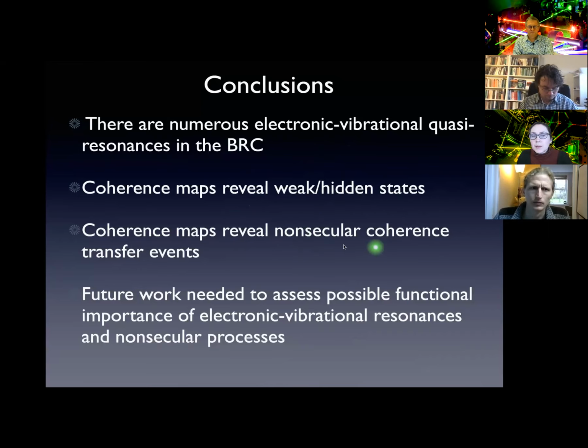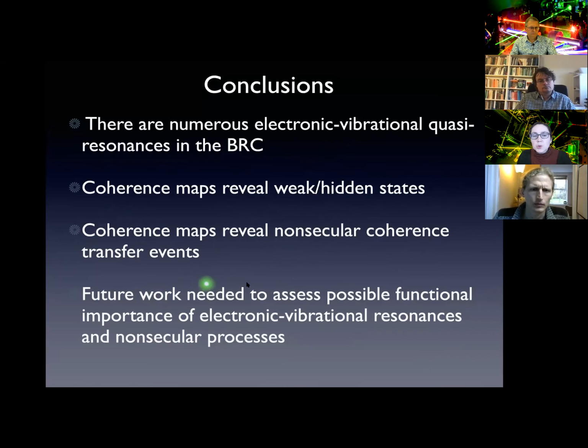And these coherence maps reveal non-secular coherence transfer processes. So those types 2, 3, and 4 correspond to non-secular processes that are typically ignored in modeling energy transfer in photosynthetic systems. So it's interesting that we have a way to observe these types of processes.